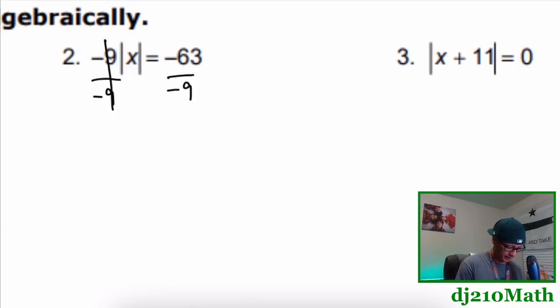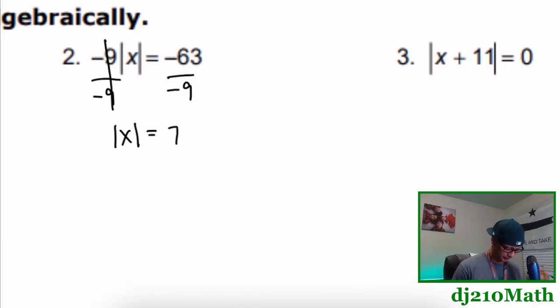So it cancels on the left. Absolute value is equal to negative divided by negative, 63 divided by 9 is 7. So absolute value of x is equal to 7. It's just the absolute value, and it's equal to a positive number, so we're good to go to step 2.